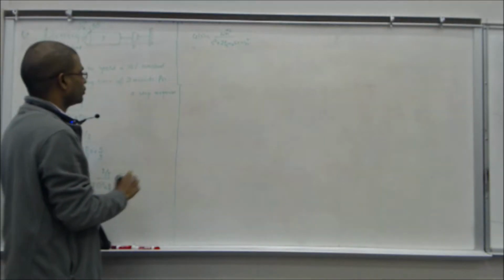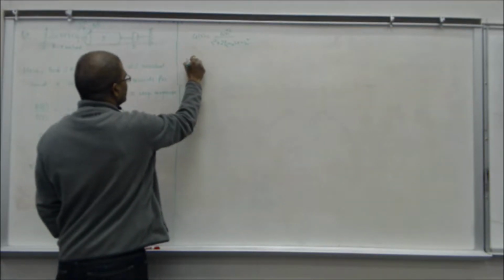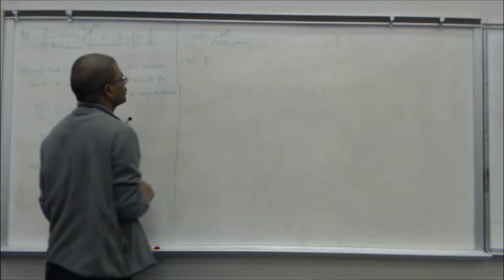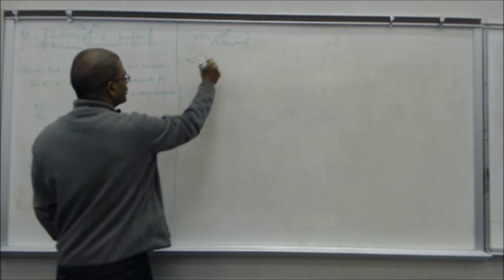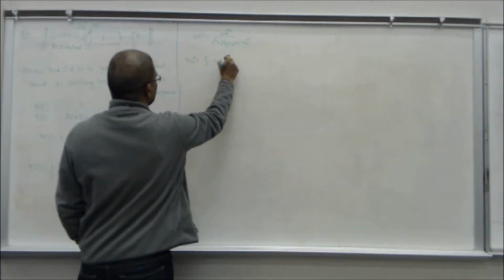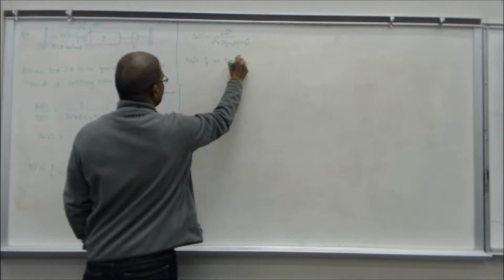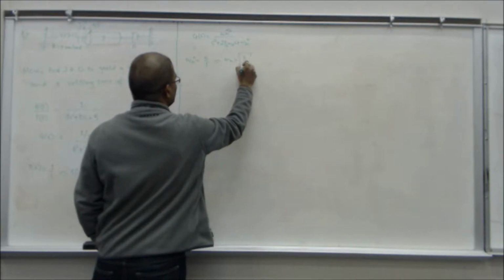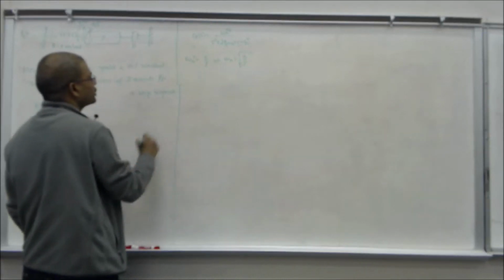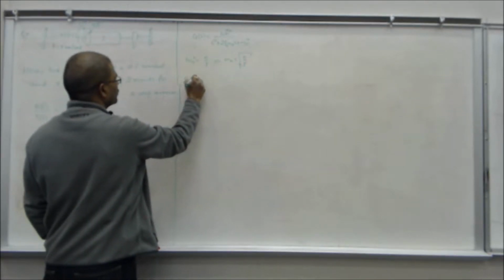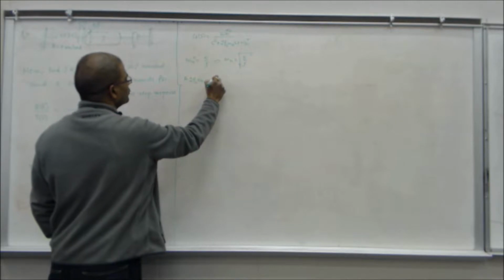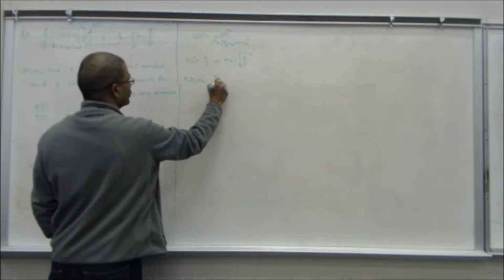Okay, so omega n square is 5 over J, implying omega n is root of 5 over J, and 2 zeta omega n is equal to D over J.